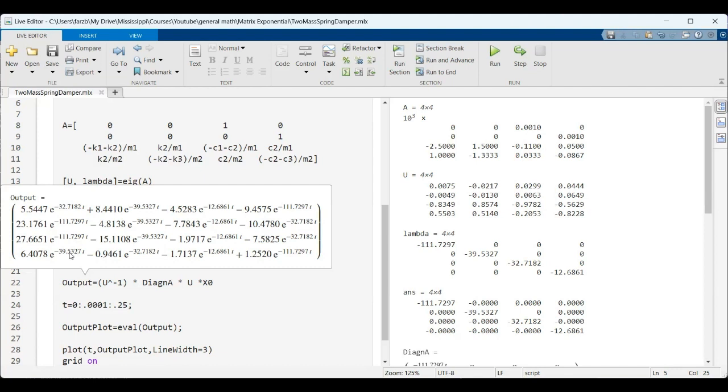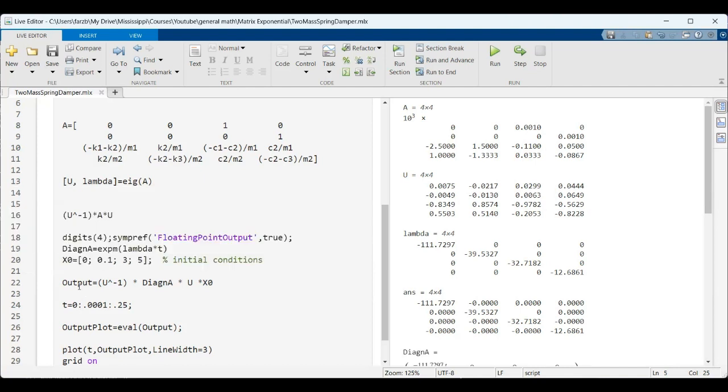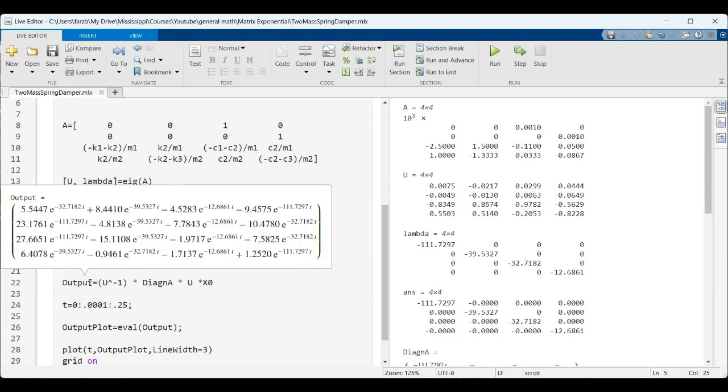x1, x2, x3, x4. Don't forget that x1 is r1, the displacement of mass 1. Displacement of mass 2 is x2. Then x3 is the velocity of mass 1, or r1 dot. Then this is in symbolic form.